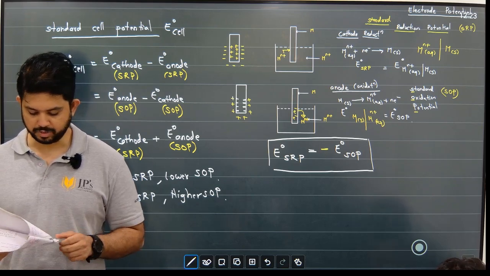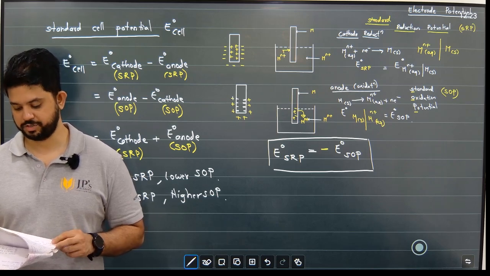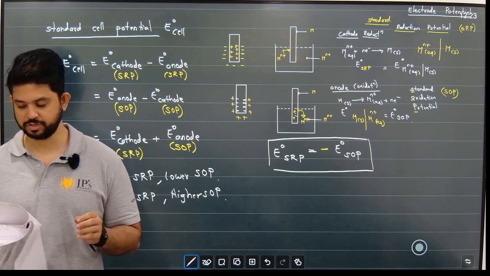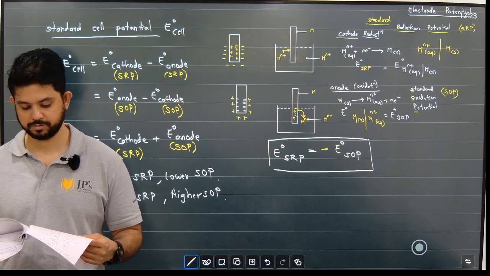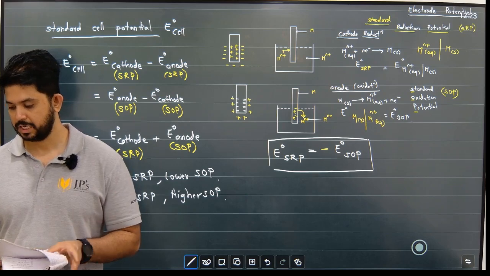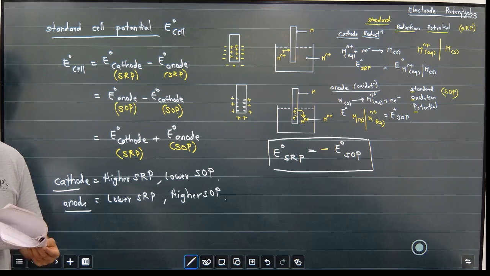And this is known as cell potential or electromotive force of the cell.